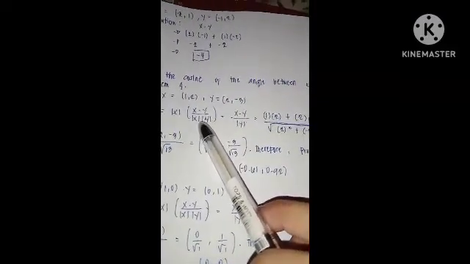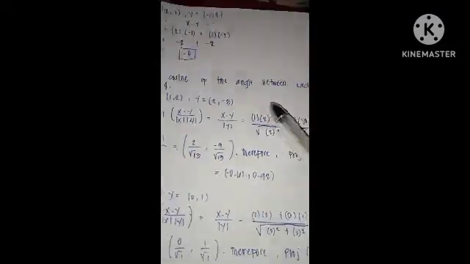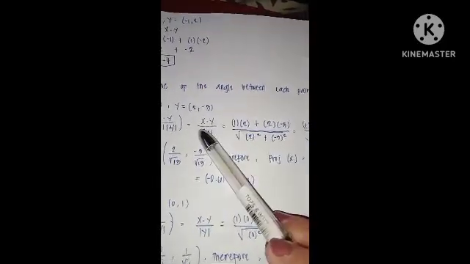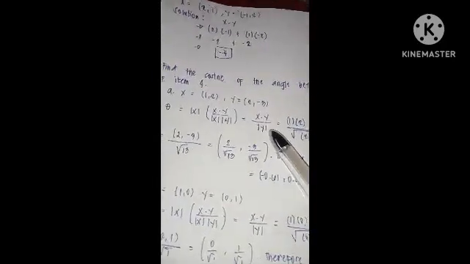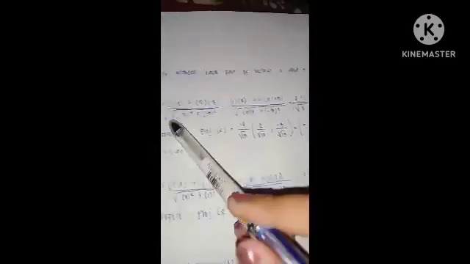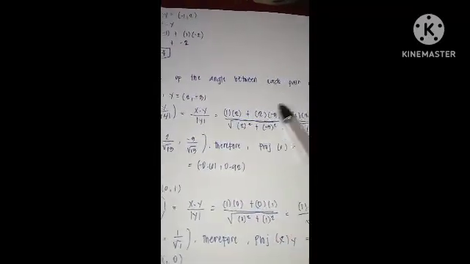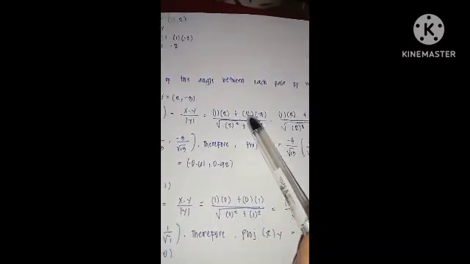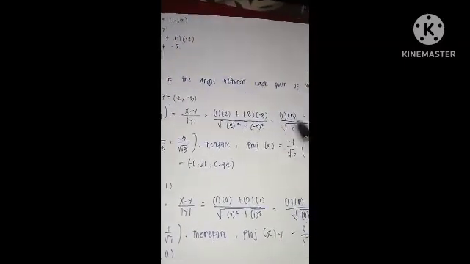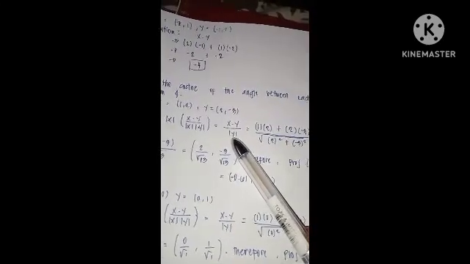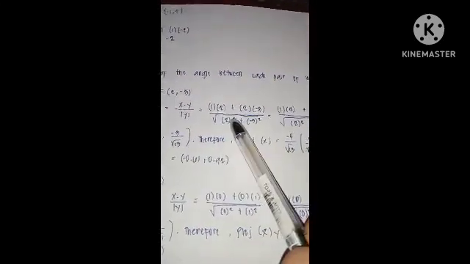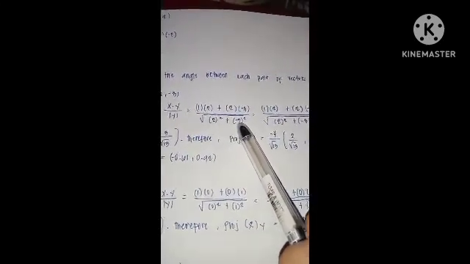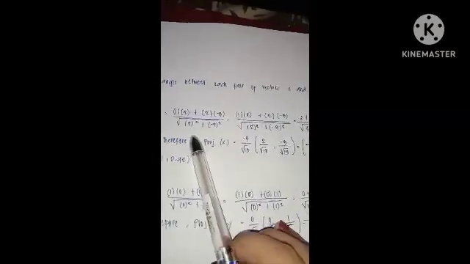The value of x is (1, 2), the value of y is (2, -3), over the absolute value of y, which is the square root of 2 to the power of 2 plus negative 3 to the power of 2.